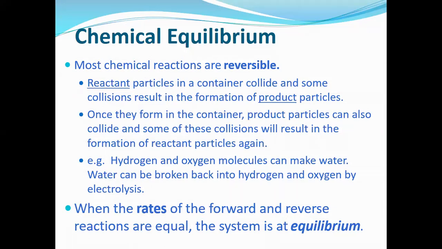But as soon as water vapor is created, water molecules will decompose back into hydrogen and oxygen gases. So most, not all, but most chemical reactions can be reversible. Reactants become products, and those products become reactants again. All right? So once the particles have formed among the products, there's nothing to stop them from continuing to make reactants.